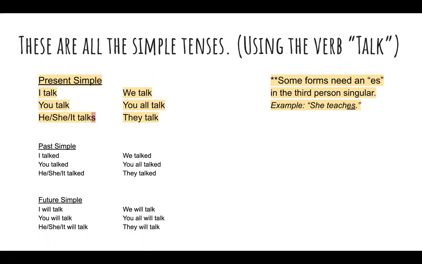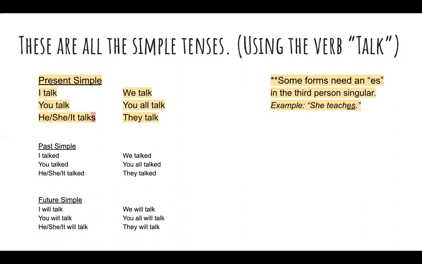Then first person plural, we talk. Second person plural, you all talk. Third person plural, they talk. Okay? It's just that third person singular, you have to watch it. It will change. Okay, one more thing to know.